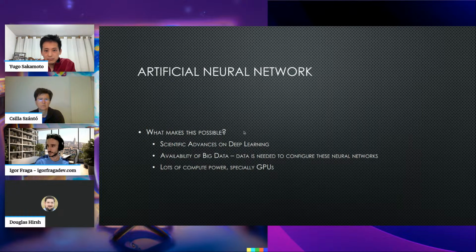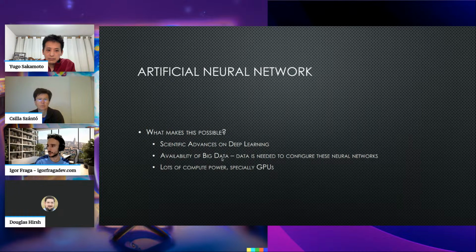What makes this possible and why we can do this now and we could not do that in the past, since this has started long time ago, in the 60s, I believe, started first studies of artificial intelligence, and this was evolving. Well, this is possible because of the scientific advances on deep learning. Deep learning has evolved.